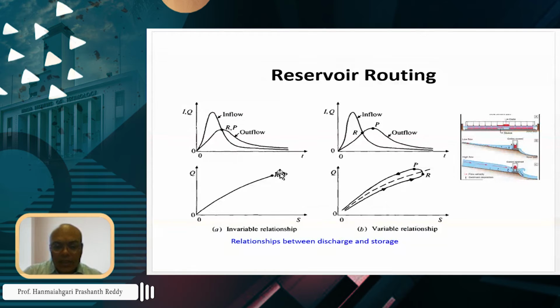So you can see that here inflow and outflow are plotted for a horizontal water surface reservoir, and in this the maximum outflow is where the outflow intersects the inflow, and the intersecting point is where the maximum outflow occurs.